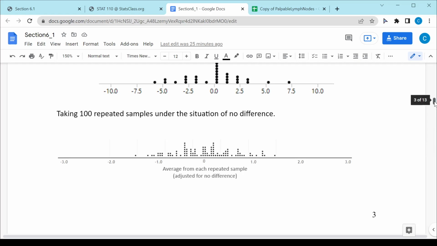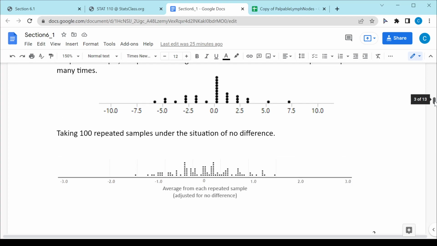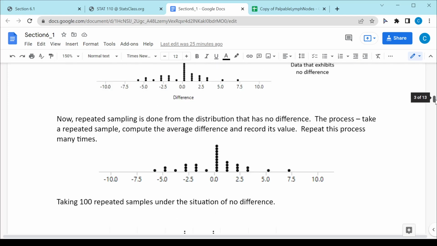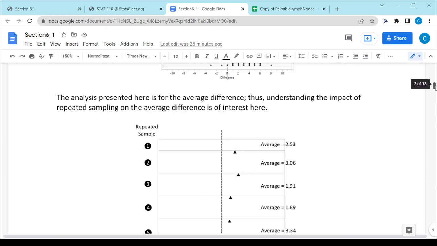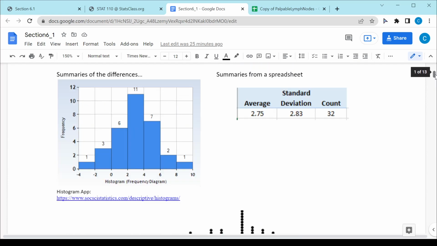Let's talk a little bit about the p-value again. Remember, the idea of a p-value is to measure how extreme my data is. Let's go back up here and look at my data. My data had an average of 2.75. So how extreme is that value of 2.75 against a situation of no difference?